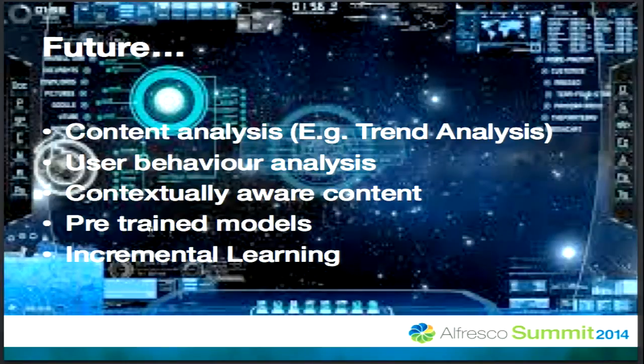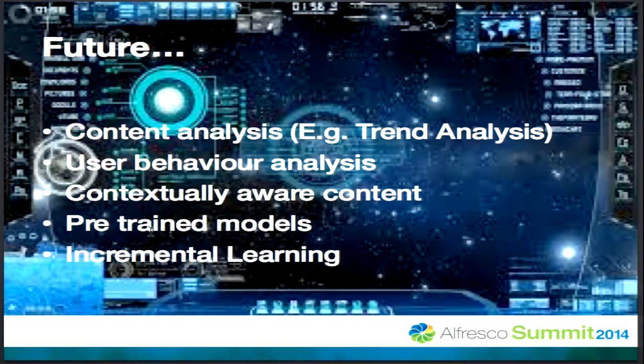So this is our to-do list for the Zaizi R&D team. For content analysis, we are trying to analyze the trends in your document collection, because this is one capability of topic modeling.